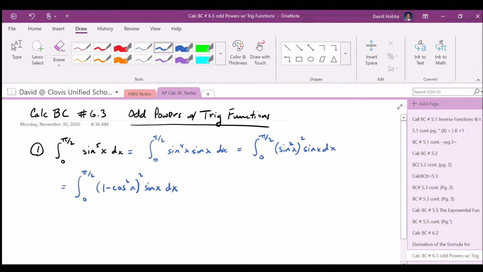Now, we don't have to do a U substitution, but perhaps it might be a little easier to think of in terms of a U substitution. You can do u equals cosine x. And so du then is negative sine x dx, which we don't see the negative, but of course we can bring the negative over.